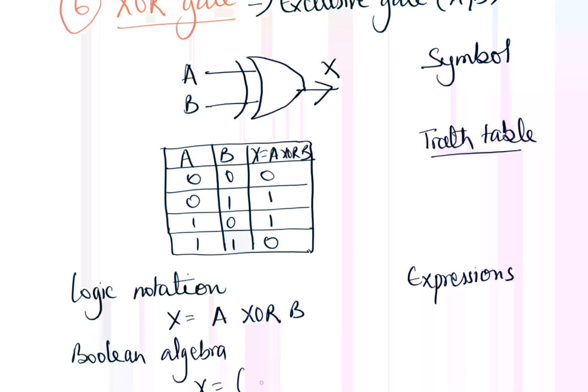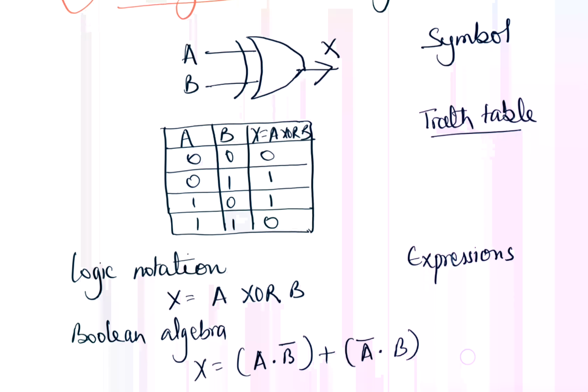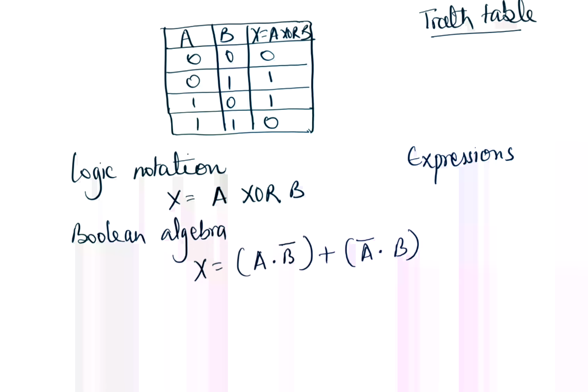X is equal to A dot B complement plus A complement dot B. Look at the expression carefully. For the first time, B is complement, and the next A is complement. It's multiplication, then addition. We will get this proved in a minute. So let's have a look at the description.